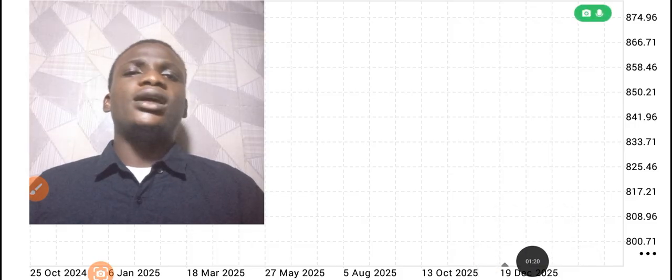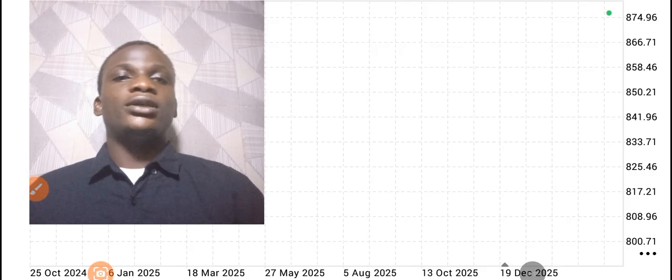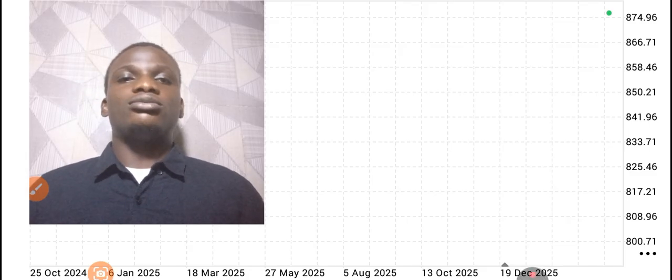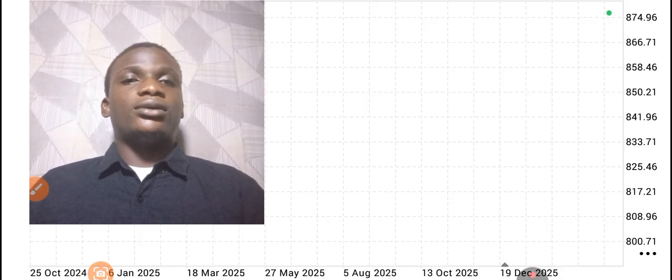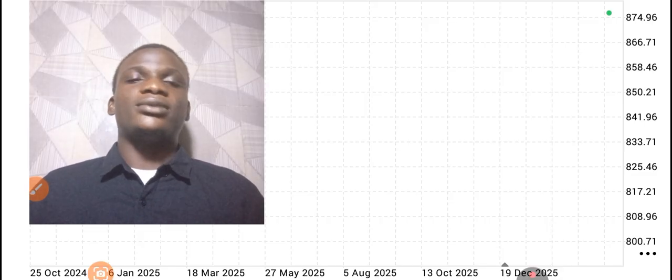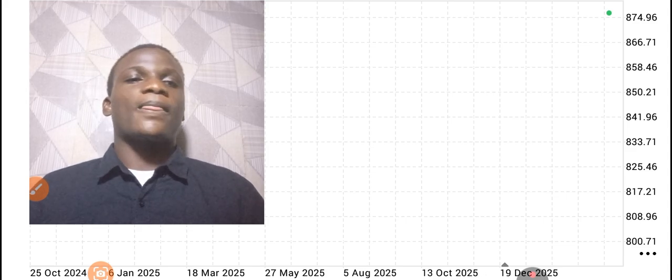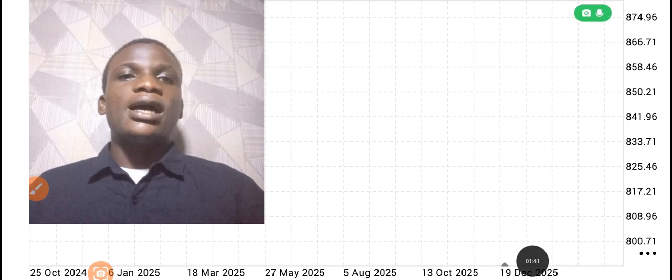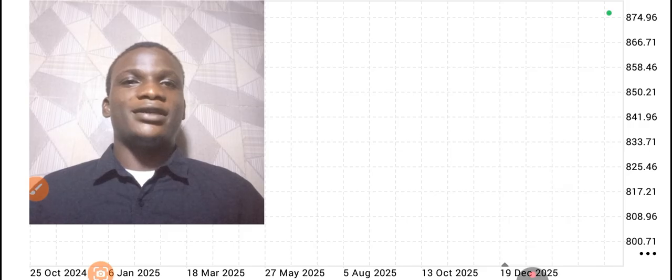But now Apple is currently trading on a steady move, not too fast, not too volatile. So when you're trading Apple now, you should expect just a steady move, and this means the return will also be steady rather than being explosive or very high.